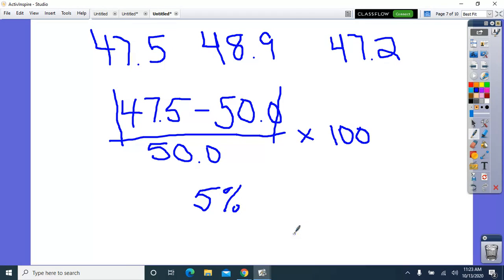Okay. And so then I would do the same calculation, but I would trade the different numbers in here. So whenever I put in 48.9, I'm going to get 2.2%.